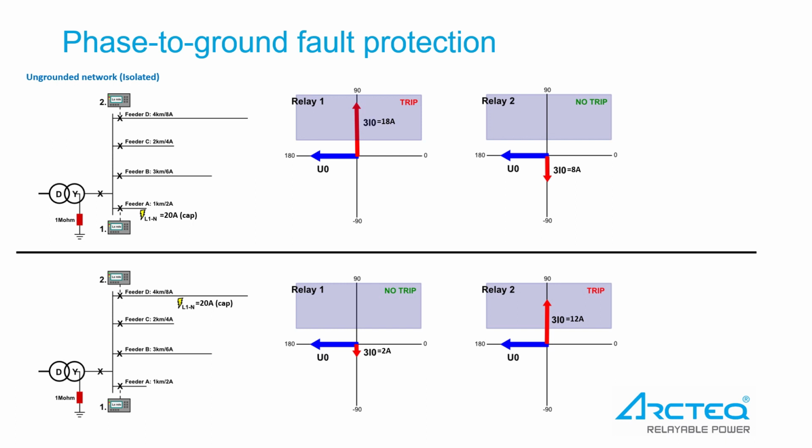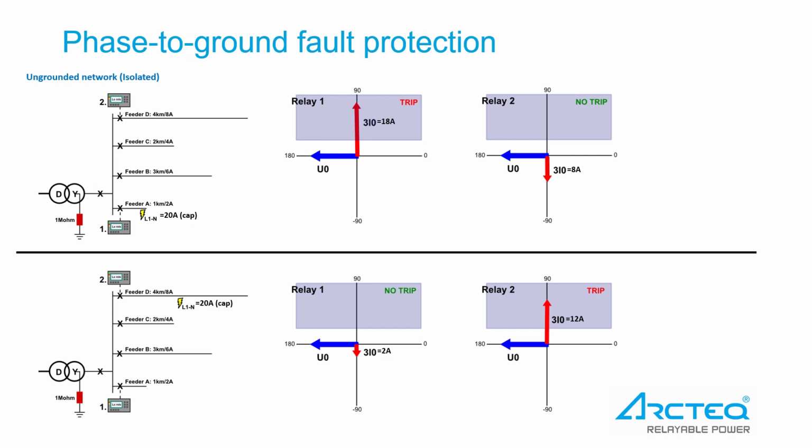This means that the healthy phase voltage can increase square root 3 times larger than in normal circumstances. This condition is bad for the network insulation, and in case the phenomenon lasts long enough, there is a possibility that the condition evolves into a three-phase short circuit.